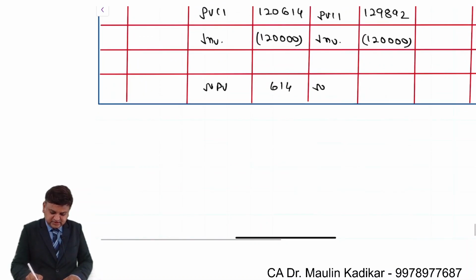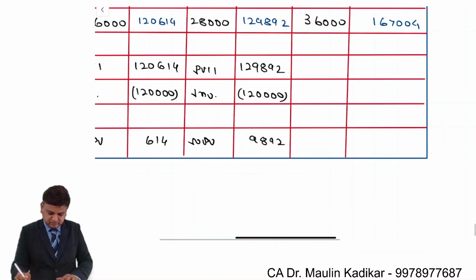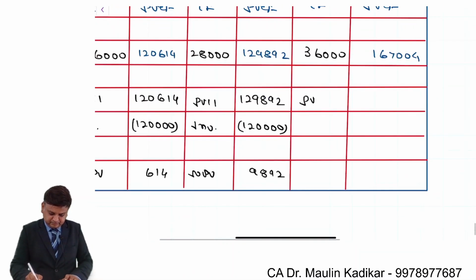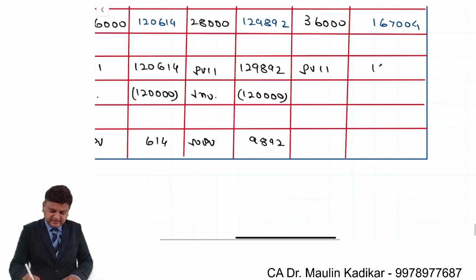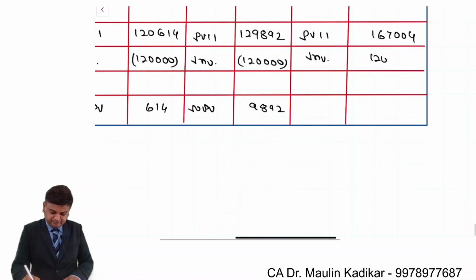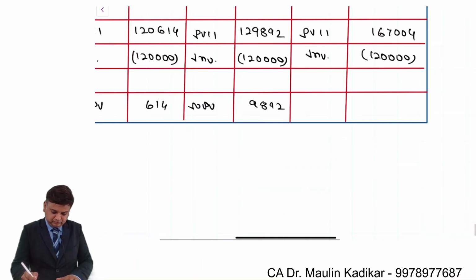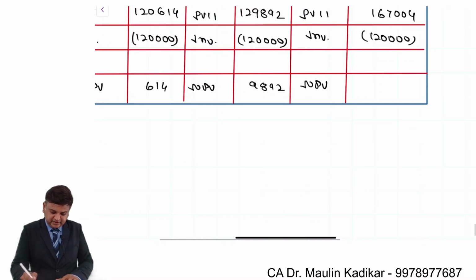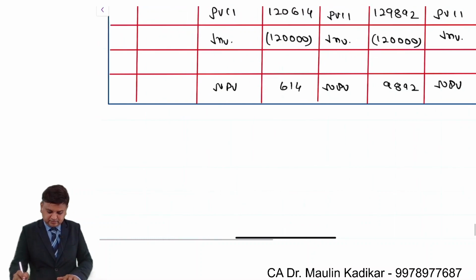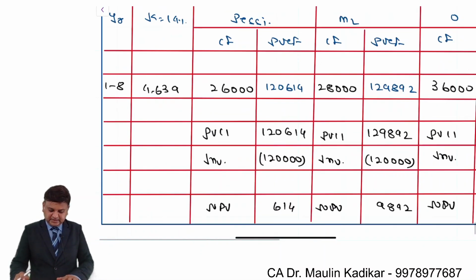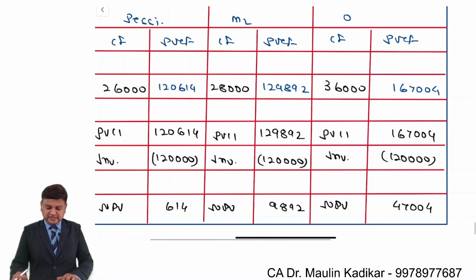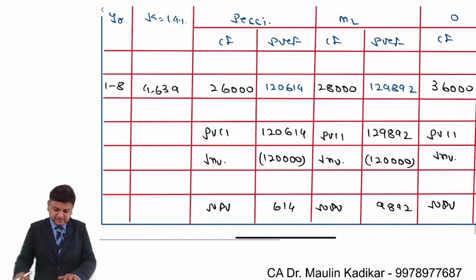So NPV is 9,892. Then 1,67,004. Investment is 1,20,000. NPV is 47,004. This is the way NPV is calculated in different situations for project X.